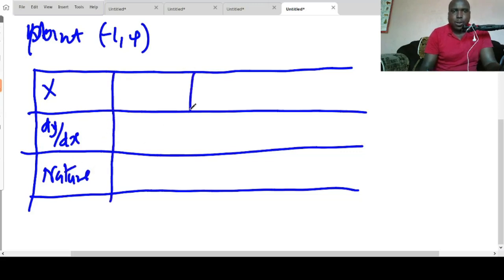Make sure you have 3 columns like this, with the 3 columns at the middle.